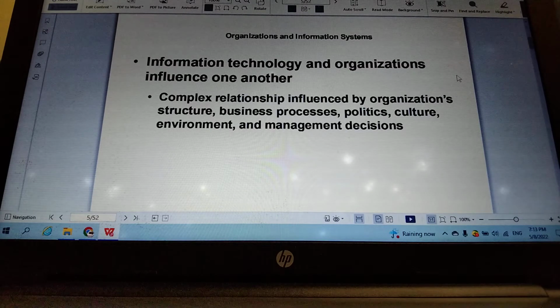It has a complex relationship within the structure, business processes, politics, culture, people, environment, and also the decisions being made by the people within the organization. So that is where information technology will be playing a very important role in helping the organization in many areas to overcome the problems.